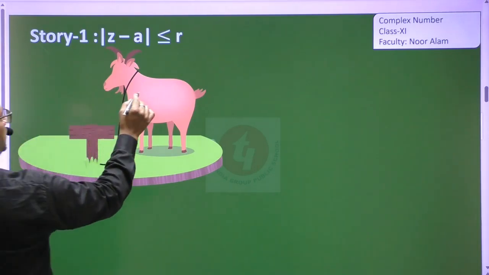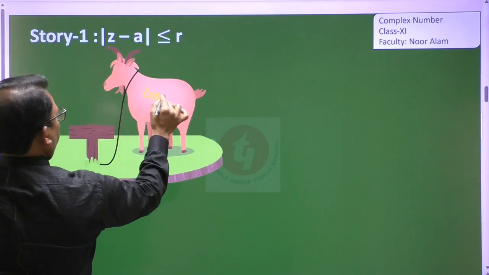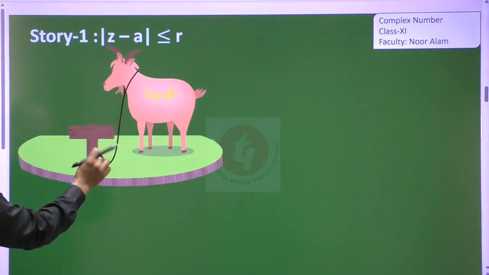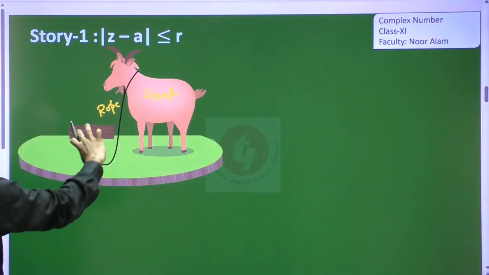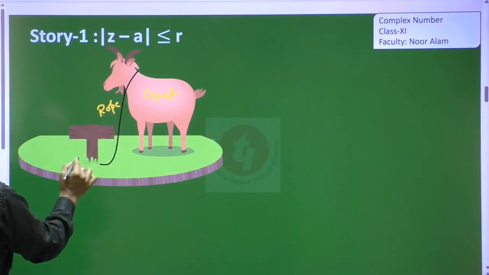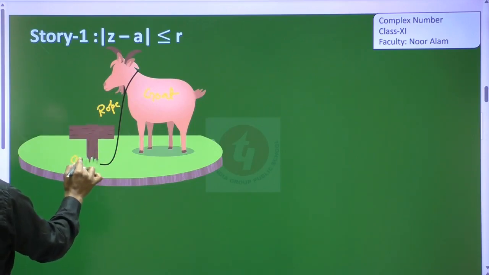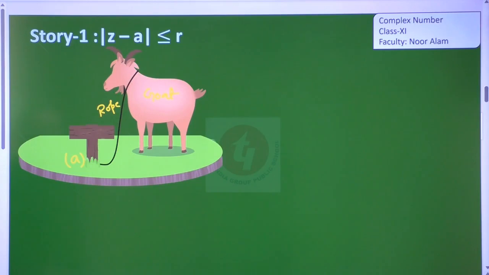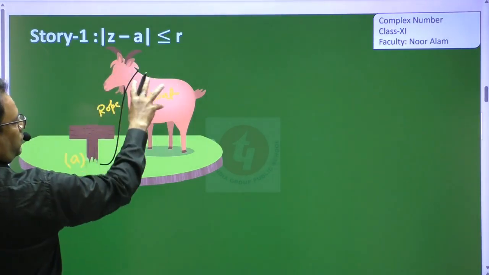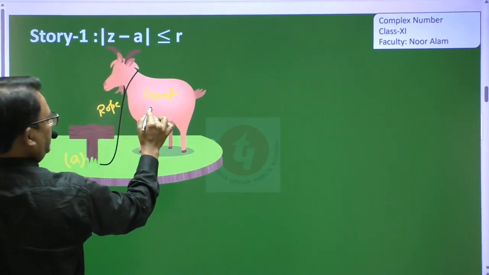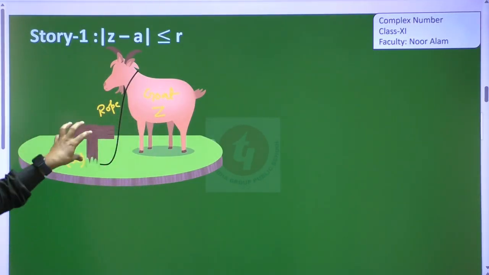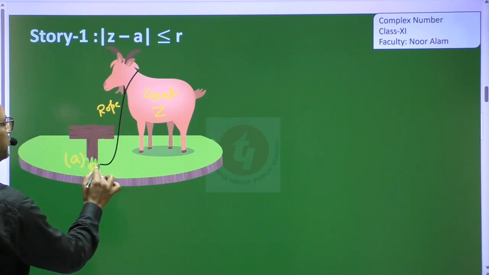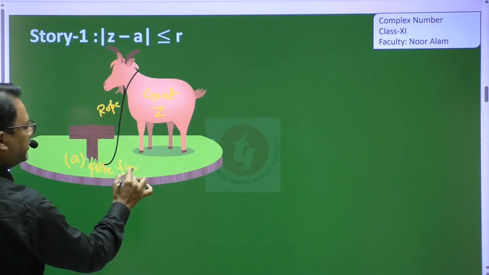Suppose one goat is here and this goat is tied with a rope at this pole, which has the complex number a. This pole's position is the complex number a. The goat is the complex number z, and z is the moving point. This pole is the fixed point.